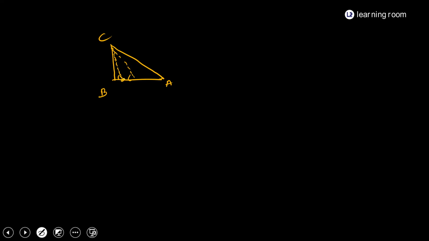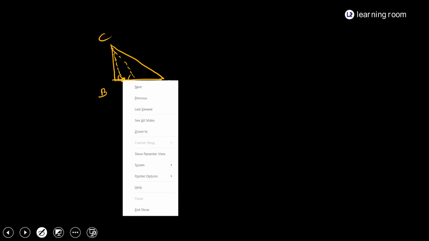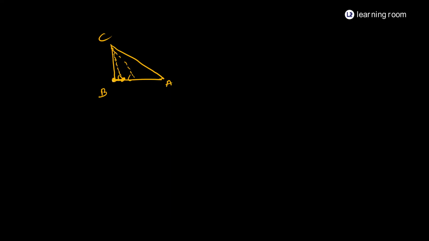Finally, if A is touching B, then the line will be vertical only, no? Then it will be vertical. Then it will be 90 degrees. Okay.